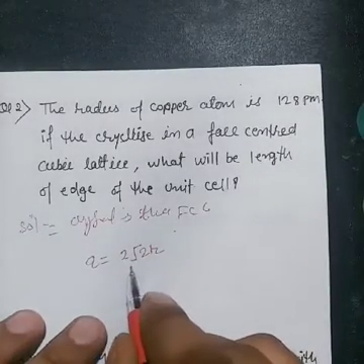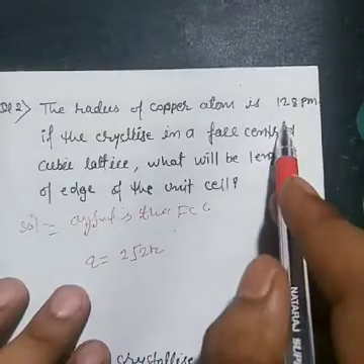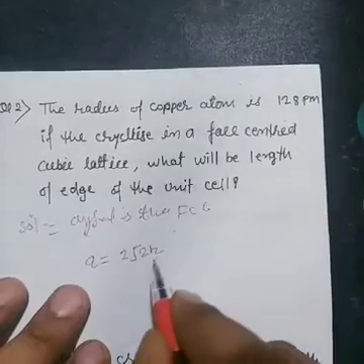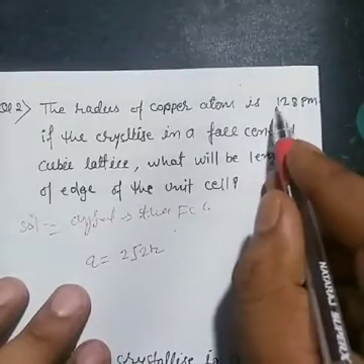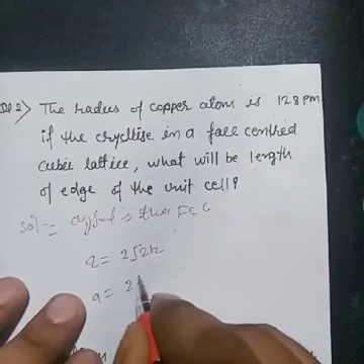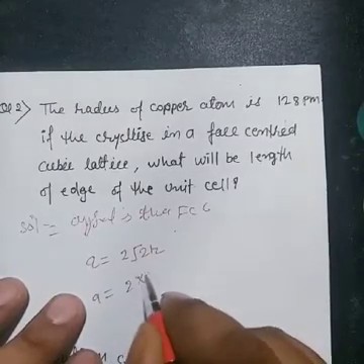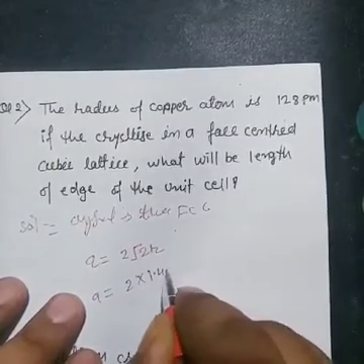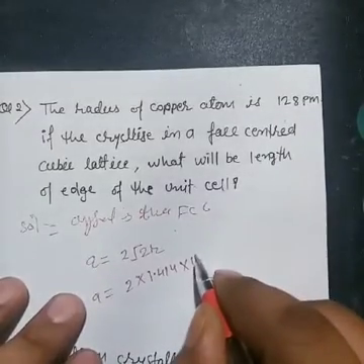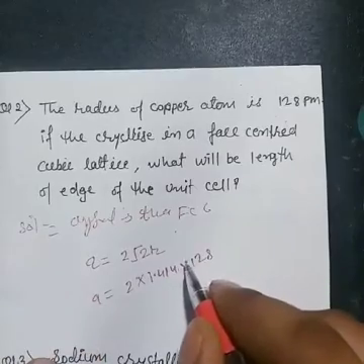So very simple. Now see here, the radius of copper atom, that is the r value, is 128. So you put in the value: 2 times the value of under root 2, which is 1.414, times 128. Very simple, students.